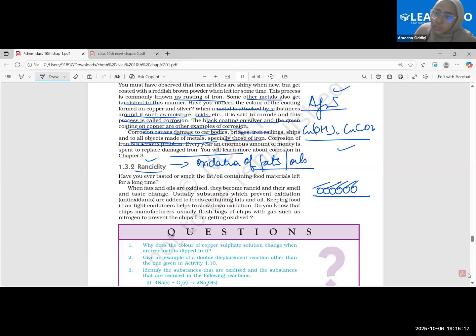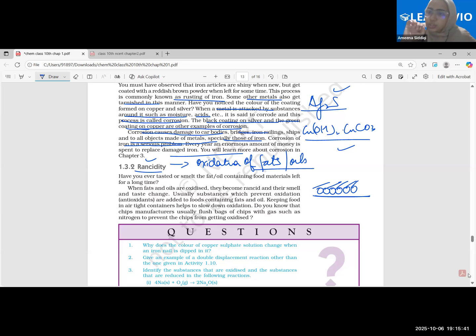Now see, how can we prevent that? How can we prevent the oxidation? If oxidation has happened, the food material has been wasted. It's destroyed. It's toxic now. That is why it is said that we should not eat the food once it's kept outside for a long period of time, because it will react with the oxygen present in the atmosphere.